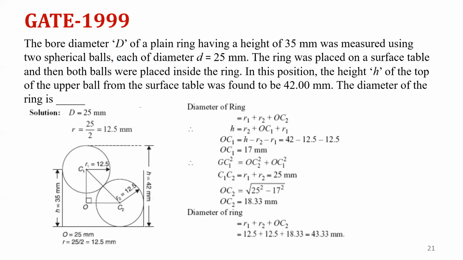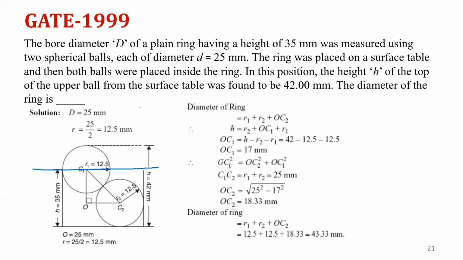So here, the bore diameter of the plane ring having a height of 35 mm was measured using two spherical balls. The height of the bore is given as 35 mm, and two balls are placed, each of diameter equal to 25 mm.